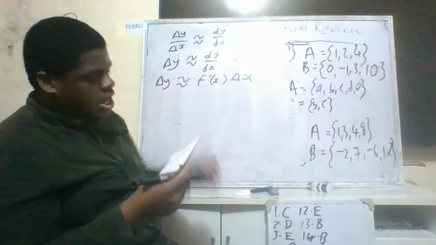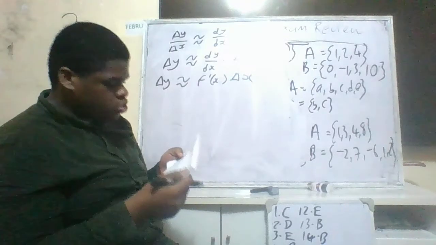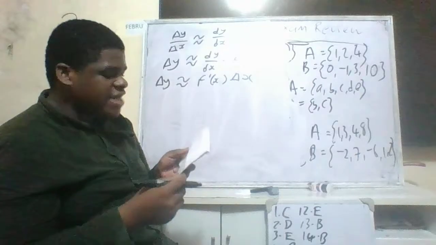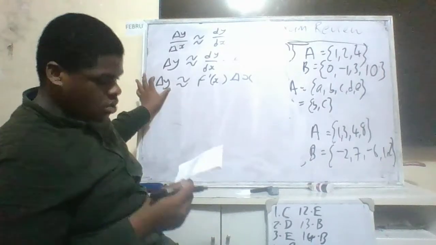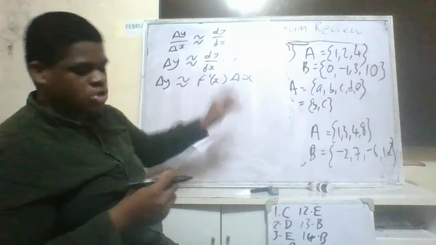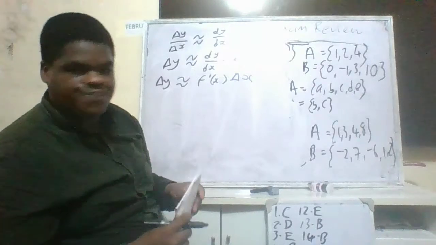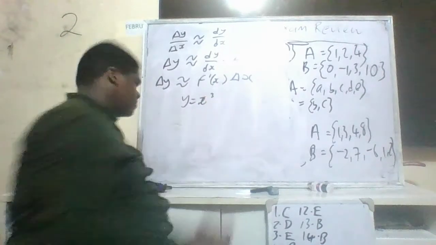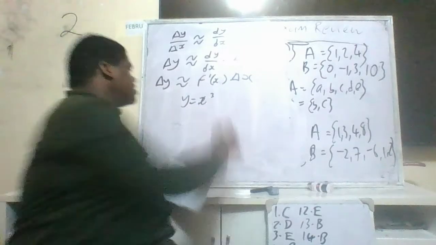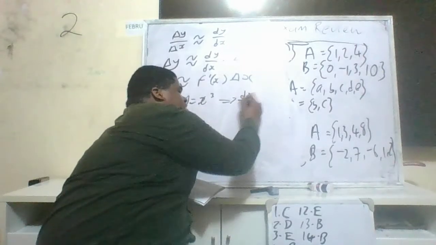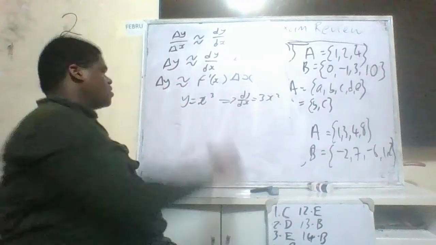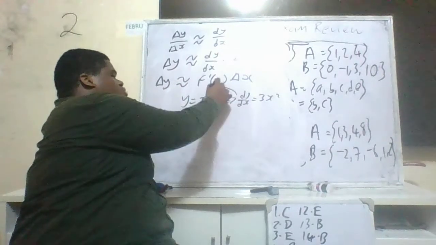So here we have that y is equal to x to the power of 3. We should find the approximate change in y when x changes from 2 to 2.01. So if y is equal to x cubed, this implies that dy/dx is equal to 3x squared. And this dy/dx is equal to f prime of x.